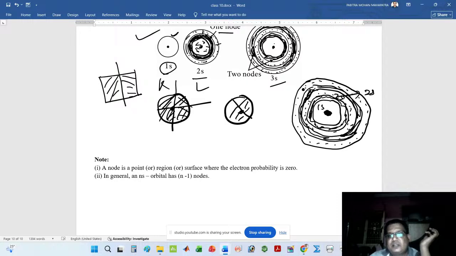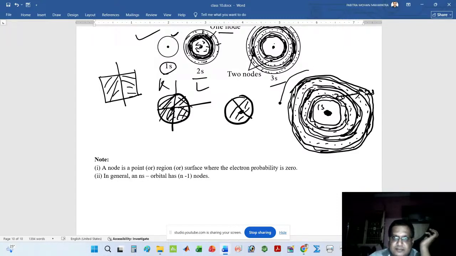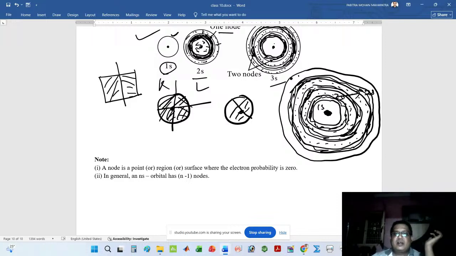The probability of the 3s electron in this region is maximum. Then a separation space. Here no electron will be found. This is another node. Next, this is your 4s. Here we are able to find the 4s electron. Clear?